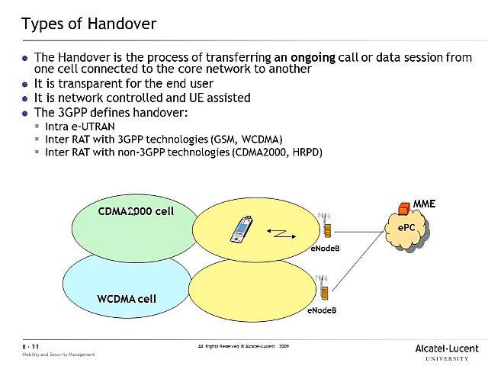Everybody has excellent radio links to the base station, but there is not enough, in the case of GSM, time slots. In the case of wideband CDMA, it could be not enough channel codes. In the case of LTE, it could be not enough resource blocks to give to every user. So in that case, we do handovers due to capacity reasons, or due to traffic reasons.